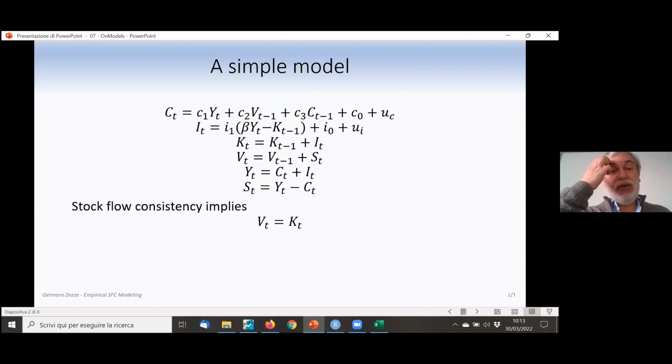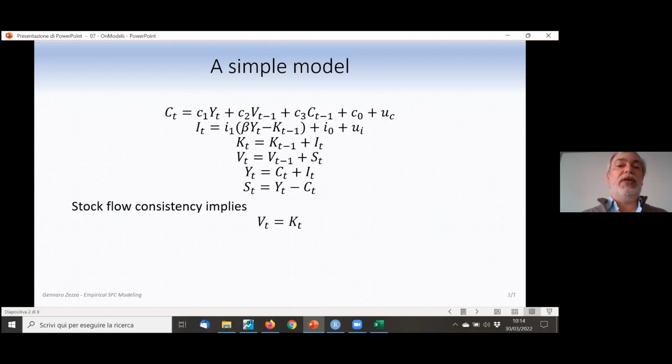And I wanted to have the model to be dynamic. So I'm using lagged variables on the right-hand side for consumption. So here, this is rather standard. The consumption depends on income and the opening stock of wealth. Investment depends on capital output ratio.